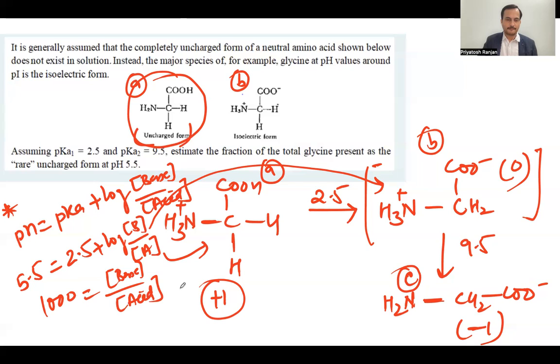Now, I need to calculate it for another pKa value, which is 9.5. And for that, I need to consider pH 5.5 equals 9.5 plus log base upon acid. Now, what is that value going to be?